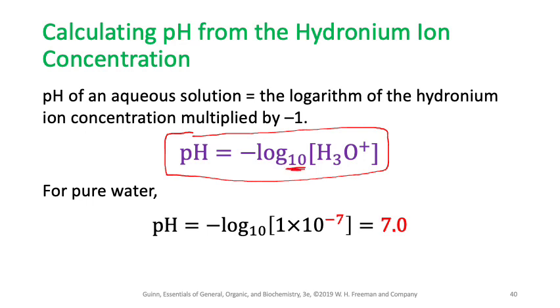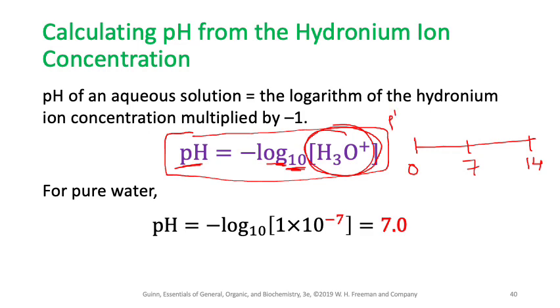So that means you need to have the hydronium ion concentration somehow before you can use this equation and get the pH number. And for the pH number, pH is a scale. We have a scale that goes from 0, 7 to 14.